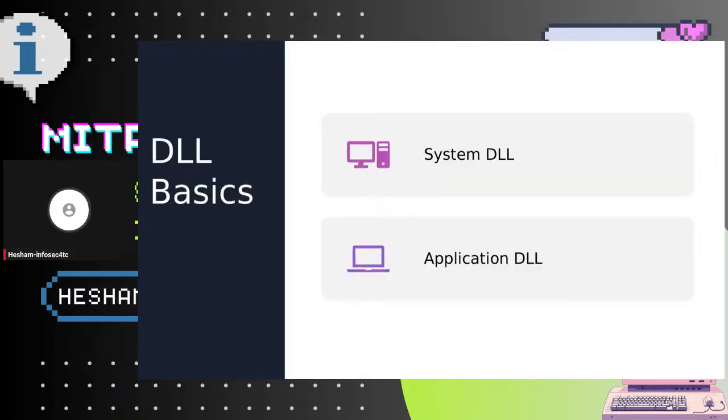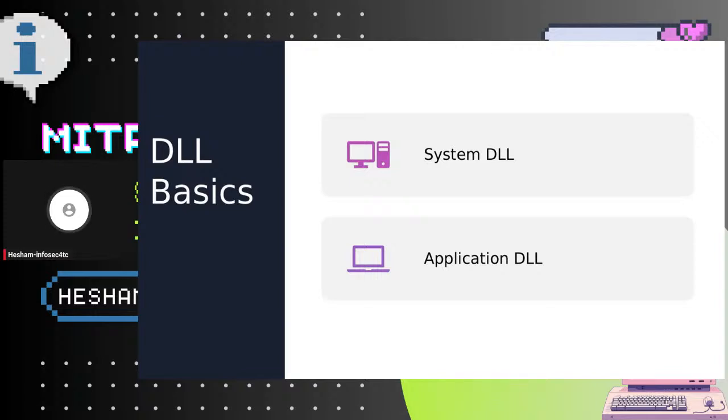We have a system DLL and we have an application DLL. Basically, the difference is that system DLLs are essential components of the operating system, and they contain functions and routines that provide core services and functionality to the entire system. If I mention kernel32, user32, or GDI32, for example, these are examples of system DLLs. They provide fundamental functions related to memory management, graphics, and so on.